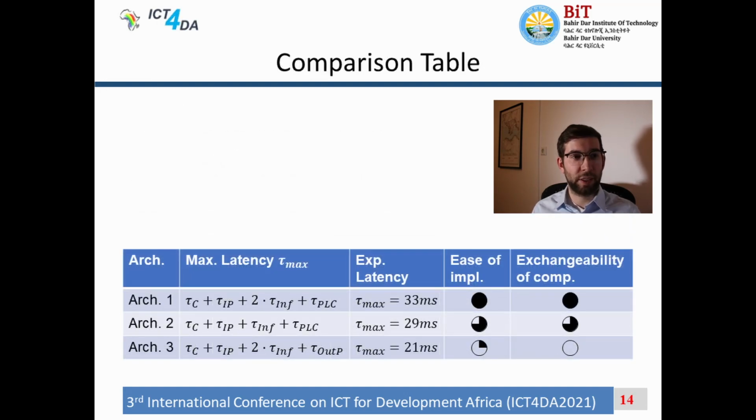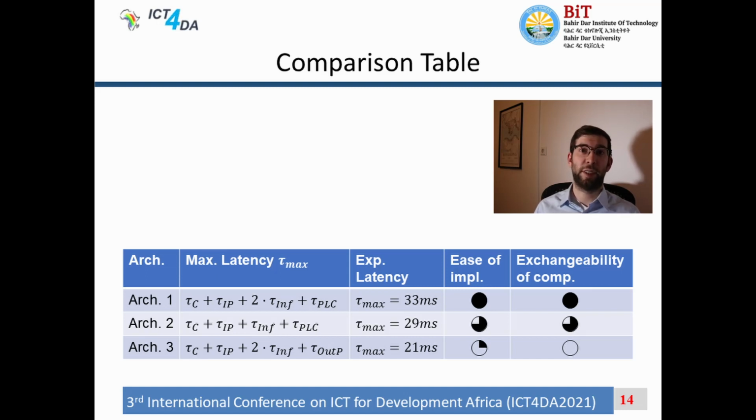The whole experiment comes together in a comparison table, which shows all three architectures, their maximum latencies, the maximum latencies from our experiment, our criterion of the ease of implementation, and the criterion of exchangeability of components.